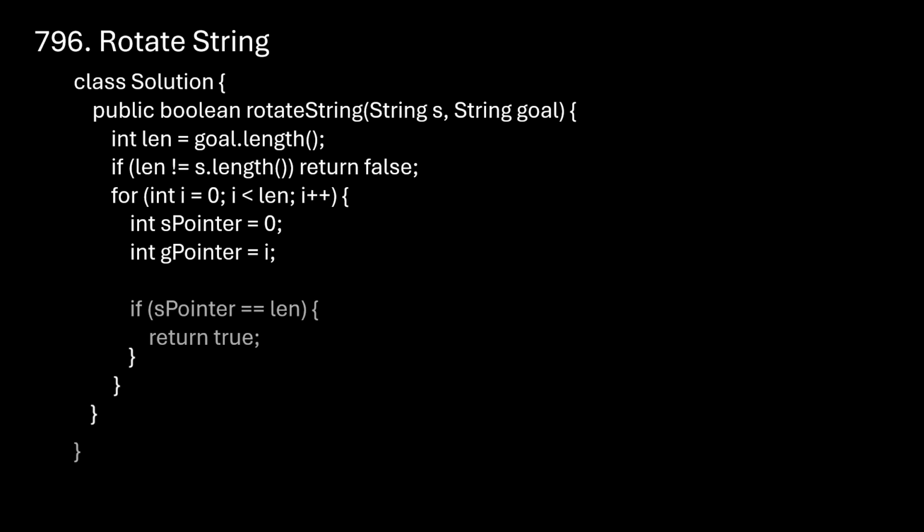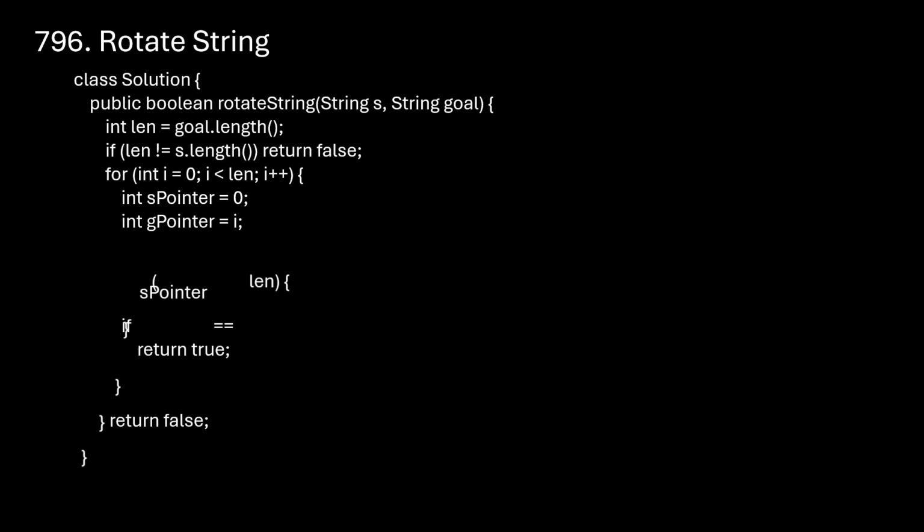Here, we're going to return true if the S pointer ever reaches the length of the goal, which is also the length of the string s as we determined at the beginning, because that would have already gone through every single character, meaning it's equal and it's been shifted enough. And we'll return false if we ever get out of this for loop, because if we've already tested all these conditions and nothing has returned true, then it's obviously false.